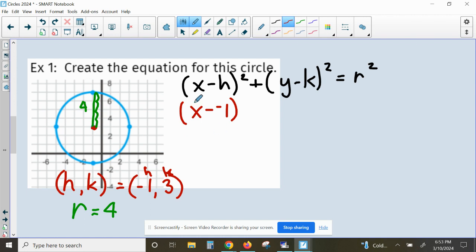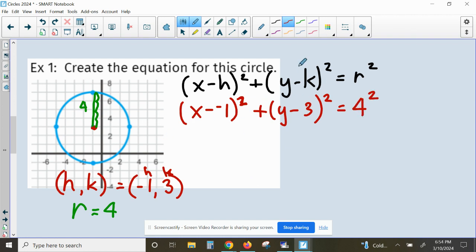Remember there's a minus in the formula, so make sure you don't lose that. Quantity squared. Remember, this comes from the Pythagorean theorem, so that might help you remember to square everybody. Plus y minus k, which is 3, quantity squared equals r squared, so that is 4 squared.